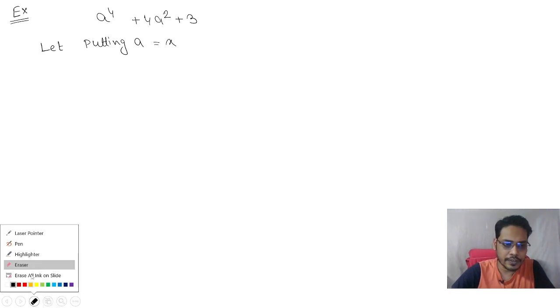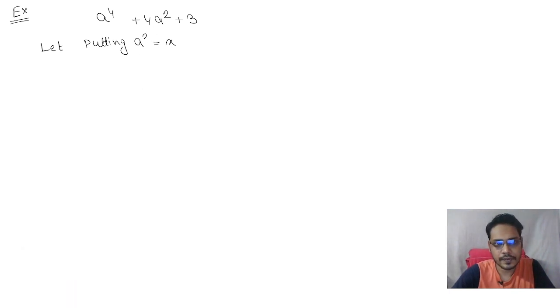So if we assume a square as x, then it becomes x square plus 4x plus 3, in this form.